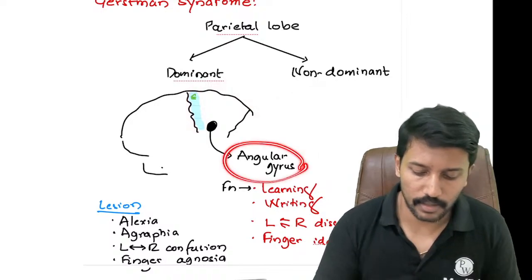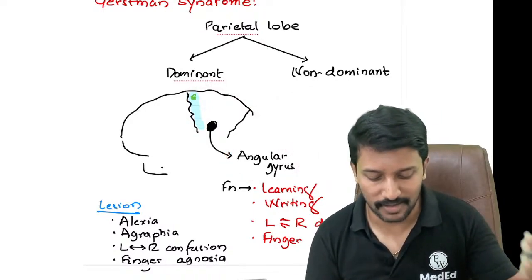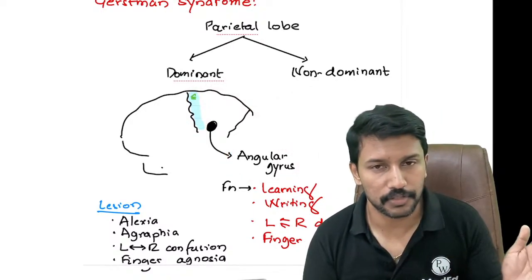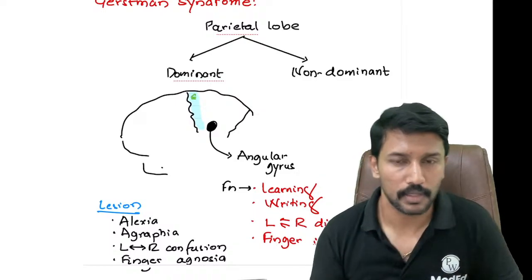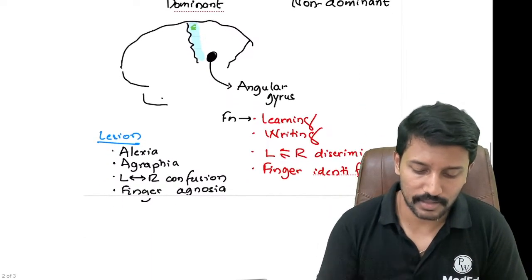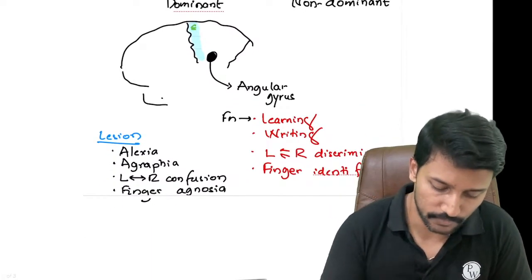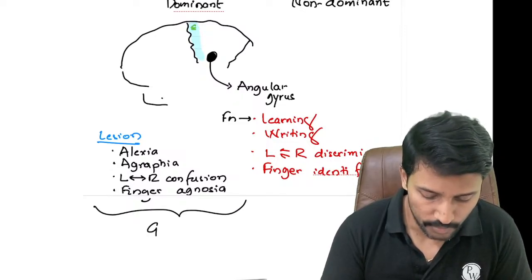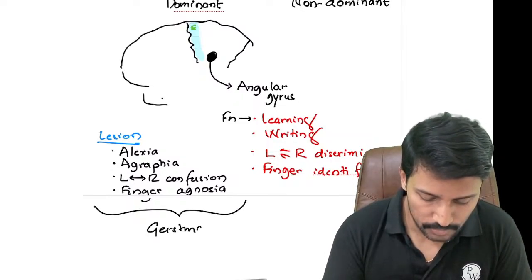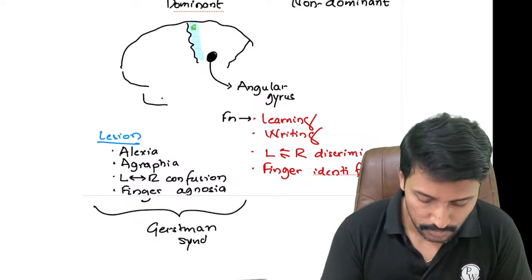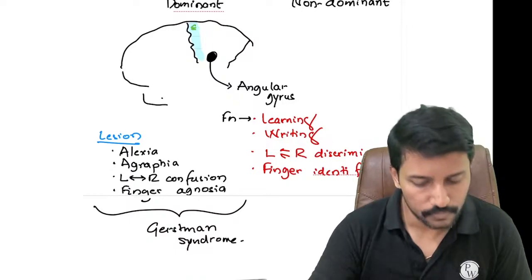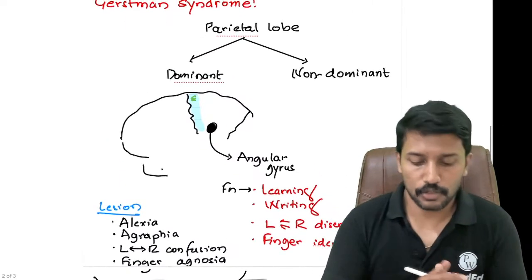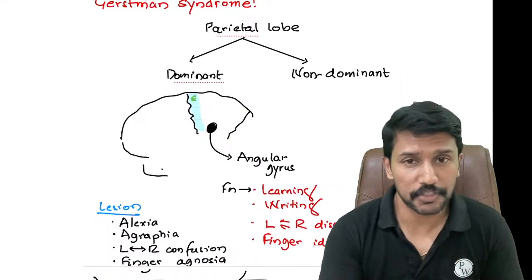Apart from that, angular gyrus, which is helping you to learn, write, and differentiate between left and right and identify your fingers. So all of that will be lost. That is what we collectively call, when all of these are affected, Gerstmann syndrome. Okay.